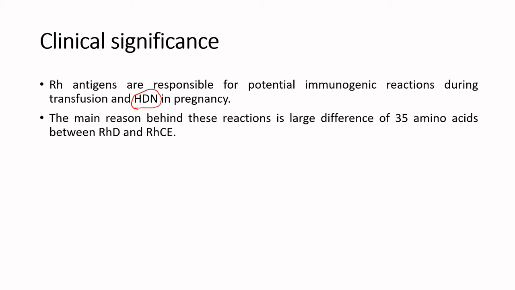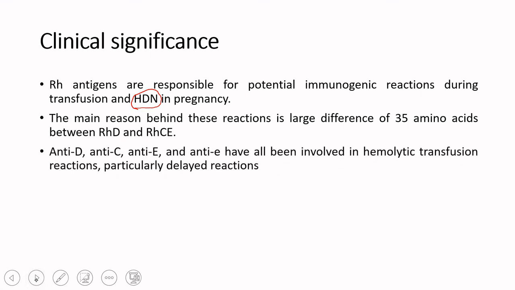So a person lacking or having a variation of these two antigens can cause severe immunogenic reactions for an incompatible person. The immunogenic reactions are caused with the help of anti-D, anti-C, anti-E and anti-small e antibodies.